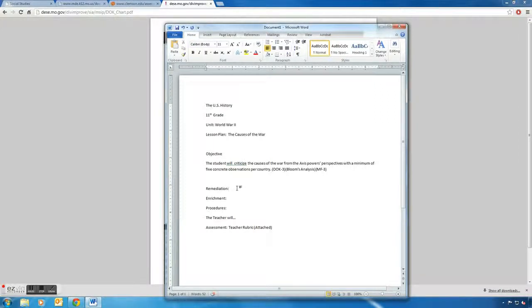A remediation objective is an objective that is easier than the original objective.